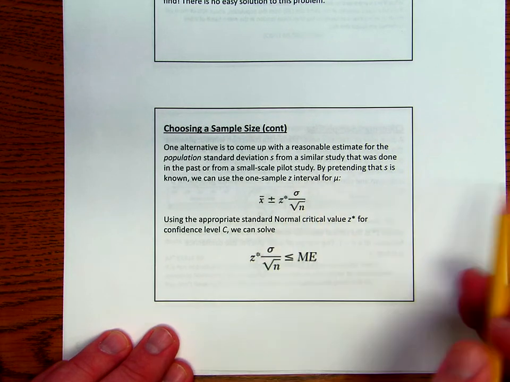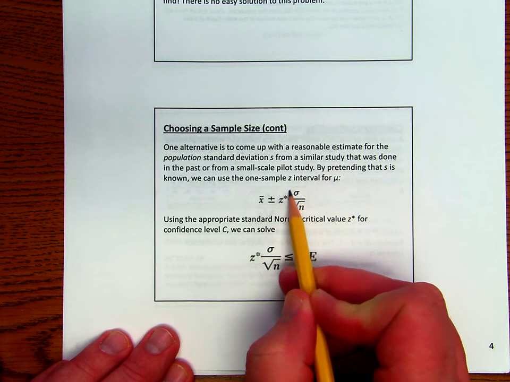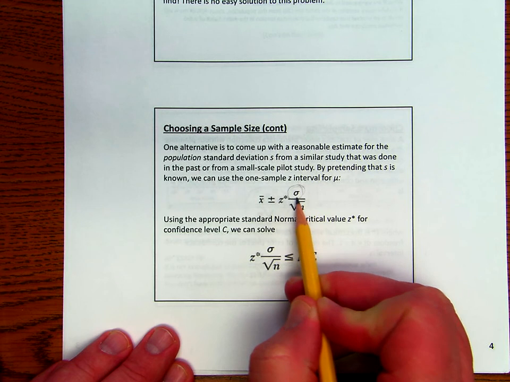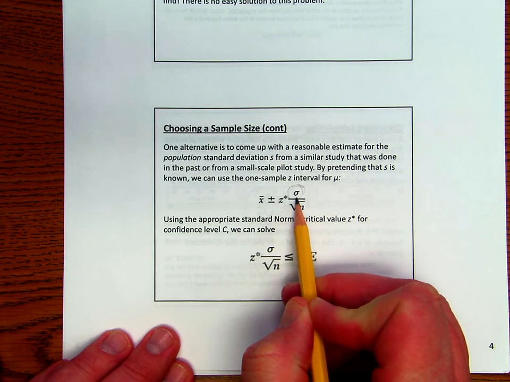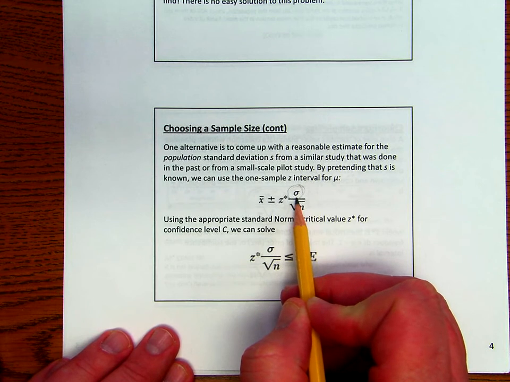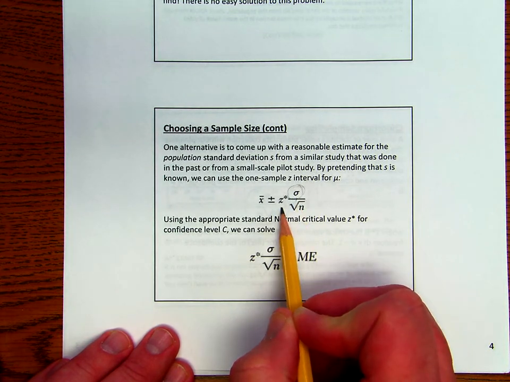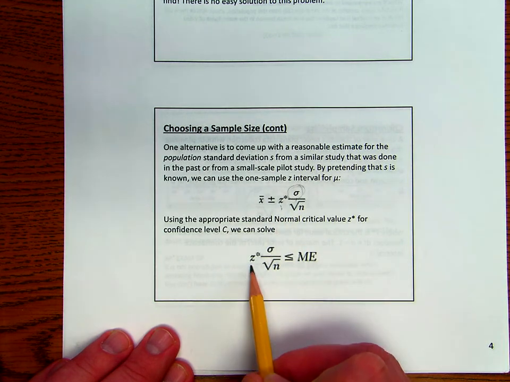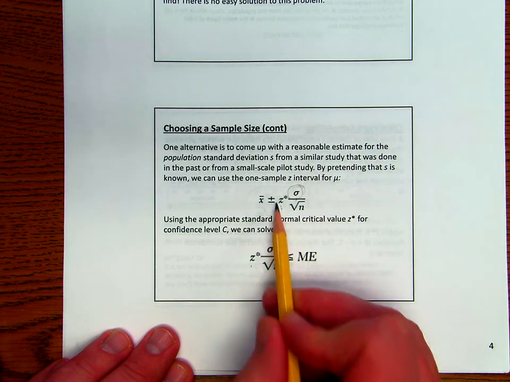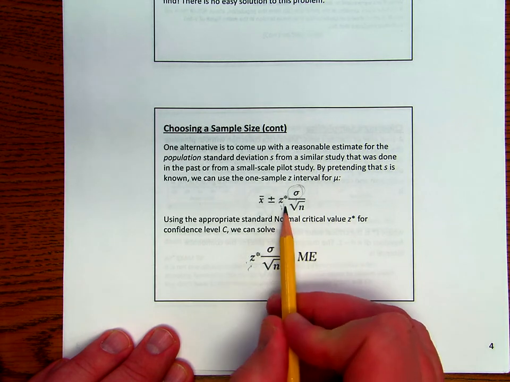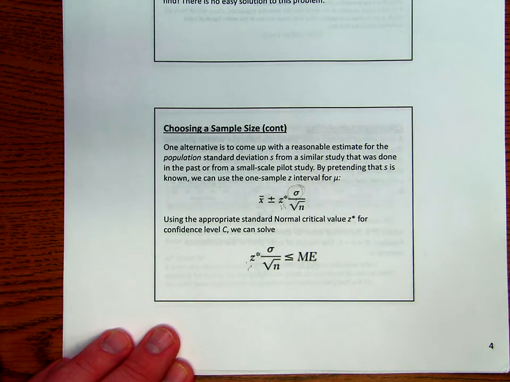So if we make that assumption that we know population standard deviation, and we would be making it based on some pilot study or previous study, then we could do the z instead of the t. Once we go to the z instead of the t, we don't need to know sample size. T star is based on sample size, and sample size we're trying to find. So we get that never-ending cycle.